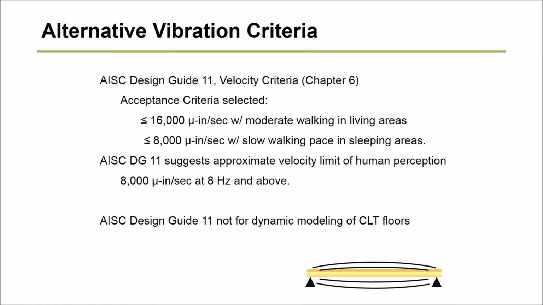It's a publication from 1999, but it talks about acceptance criteria for floor vibration. There are ISO standards out there that address the same thing. If you have further questions on that, you could contact me or somewhere else later to get pointers on where to go.